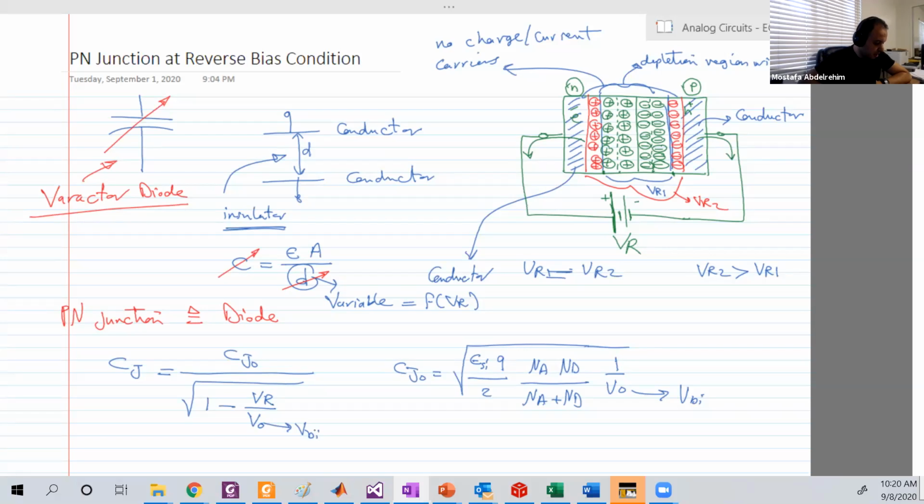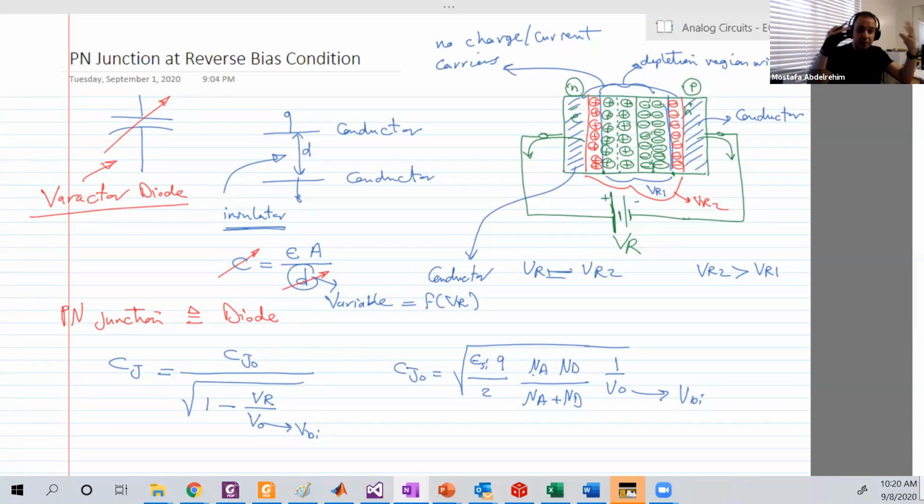So we have here a relation that relates the capacitance to the applied voltage. And Cj0 is just a constant. If you fabricate a junction, you know what Na is, you know what Nd is, so it's just a constant.